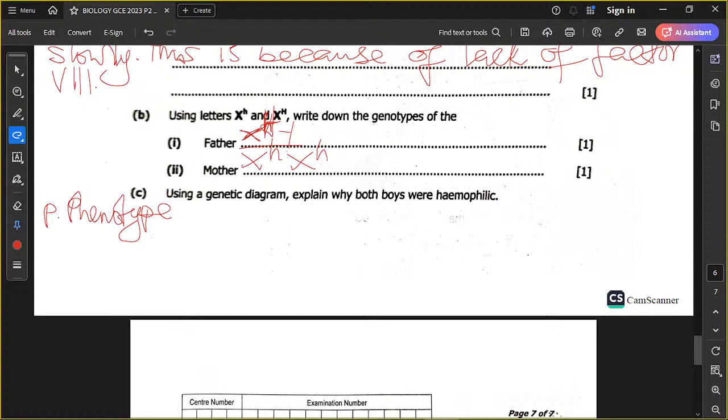Phenotype is what we see. We are going to say the father is non-hemophilic.